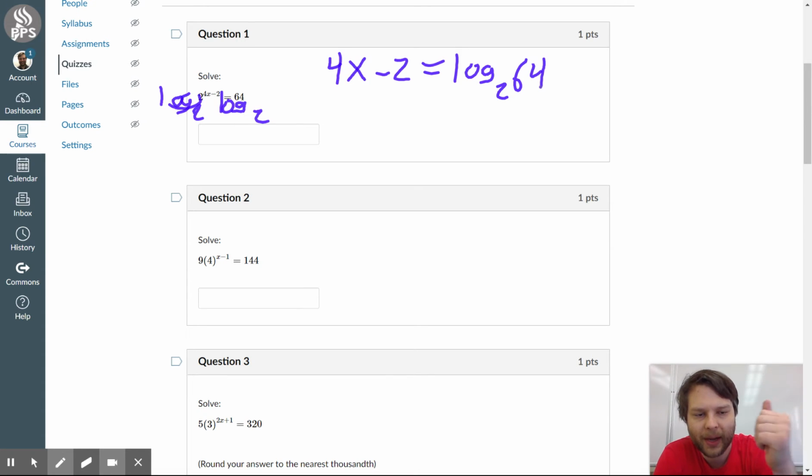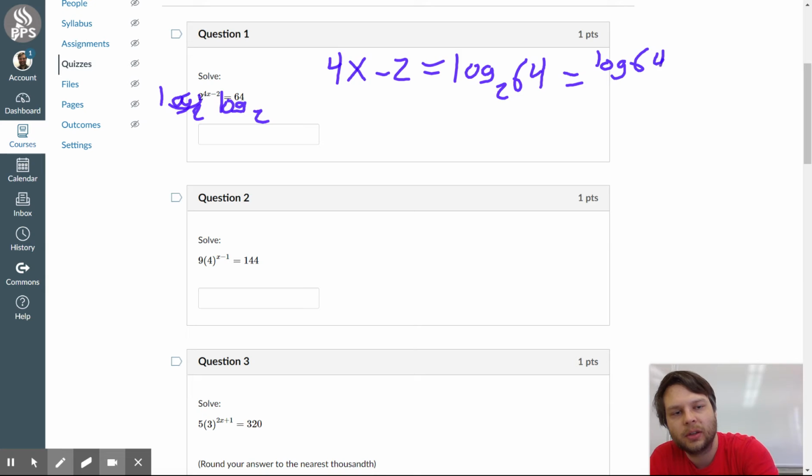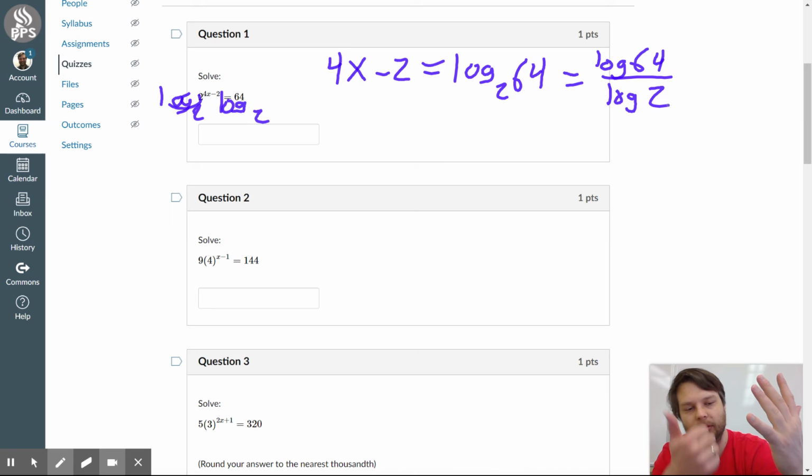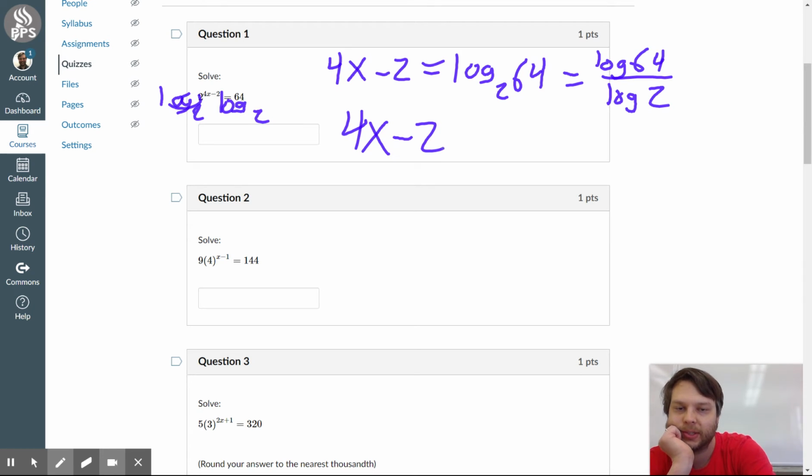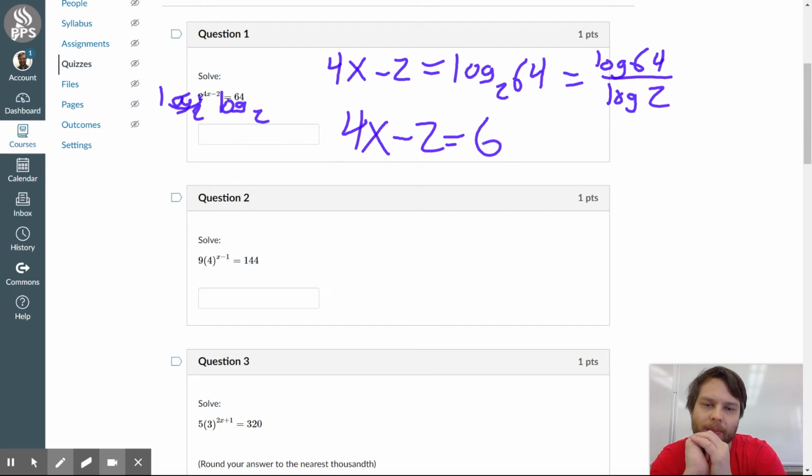You can either get that by counting up powers of 2 until you get to 64, or you can use our good old friend, the change of base formula, log 64 divided by log of 2, and typing that into your calculator. If you do count by powers of 2, you go 2, 4, 8, 16, 32, 64. So we have 4x minus 2 equals 6, because that was the power of 2 that made 64.